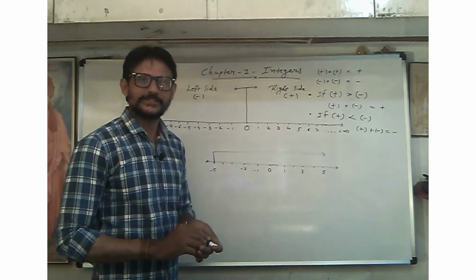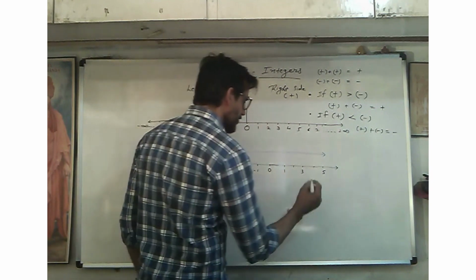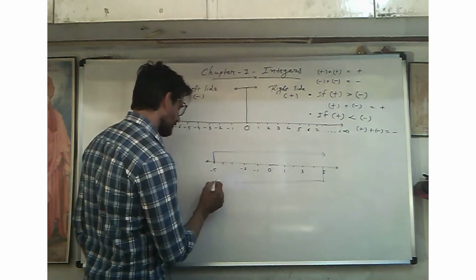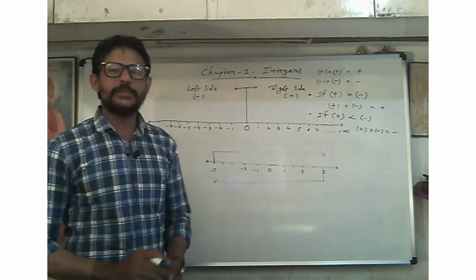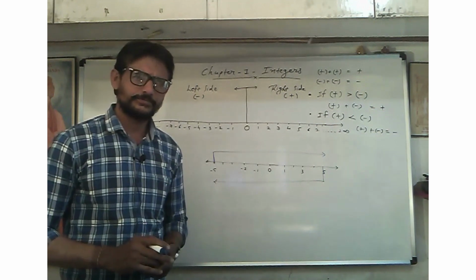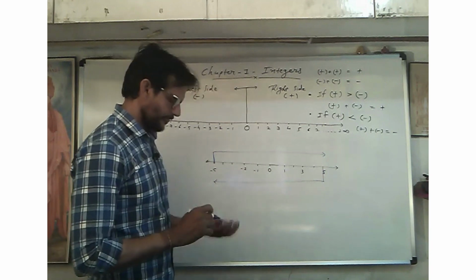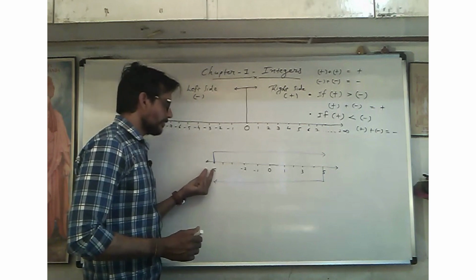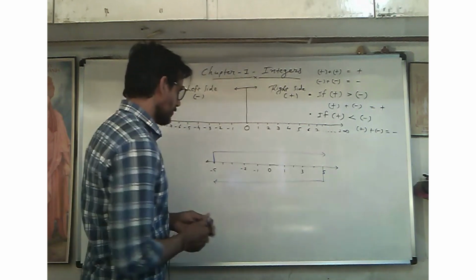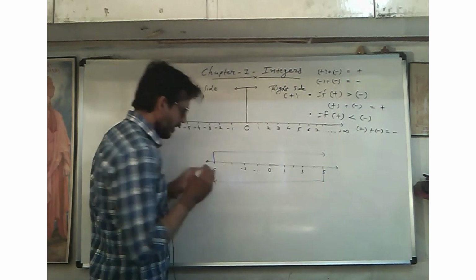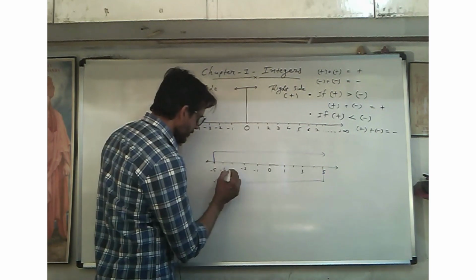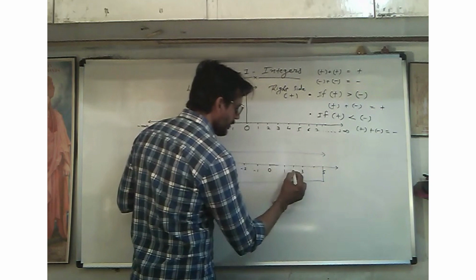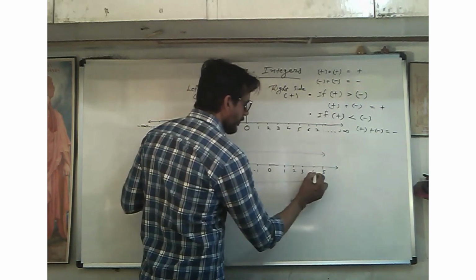ascending order. Okay. If I start from here to here, that means descending order. And now tell me, if you start from here in ascending order, so I will write here minus 4, minus 3, minus 2, minus 1, 0, 1, 2, 3, 4 and 5.